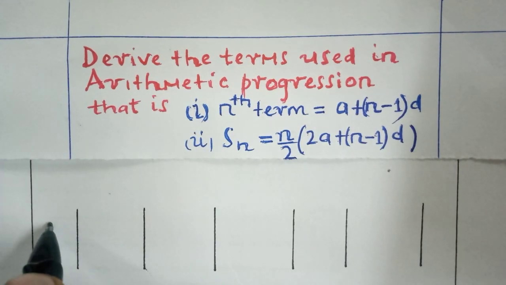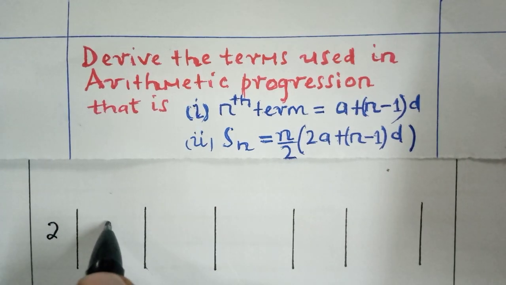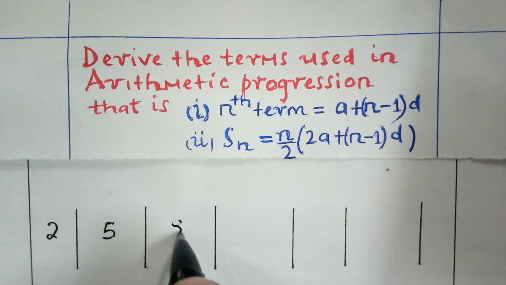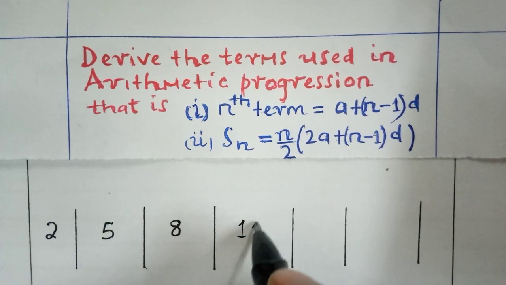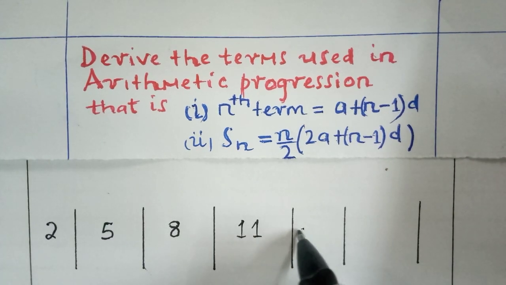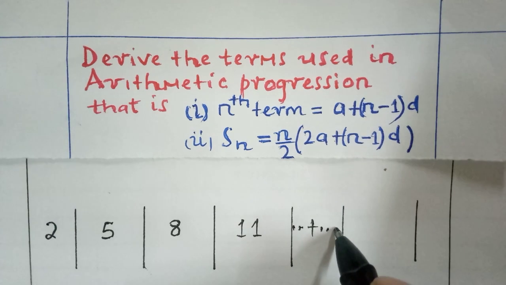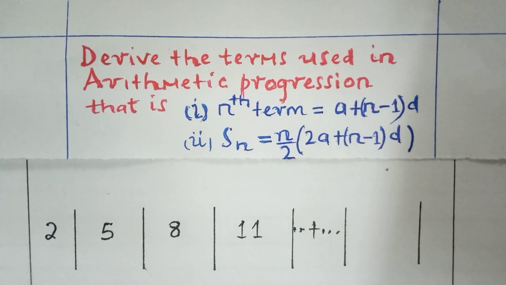We have 2, plus 3, which is 5, plus 3, which is 8, and plus 3 is 11. And then we can continue on and on up to another number, which we call the nth term.